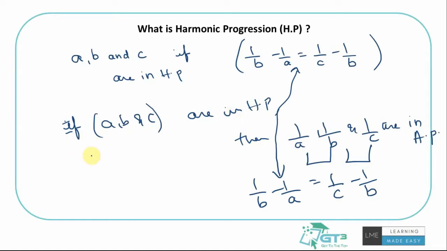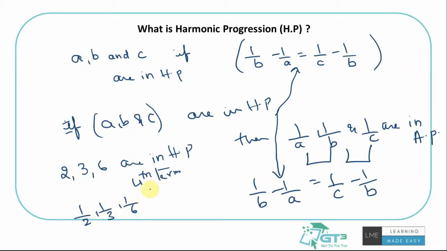Let's say 2, 3, 6 are in HP. What is the fourth term? All I need to understand is that 1 by 2, 1 by 3, 1 by 6 are in AP. What is 1 by 3 minus 1 by 2?